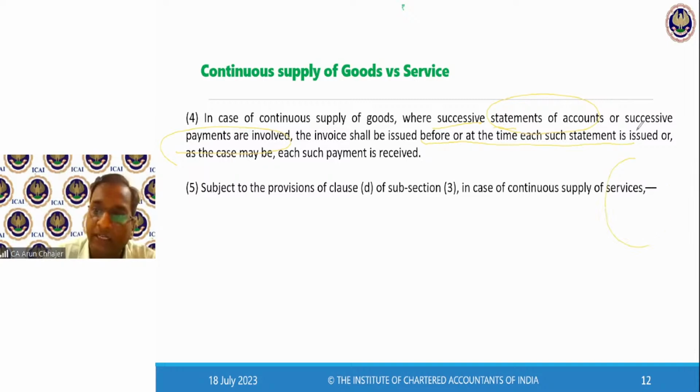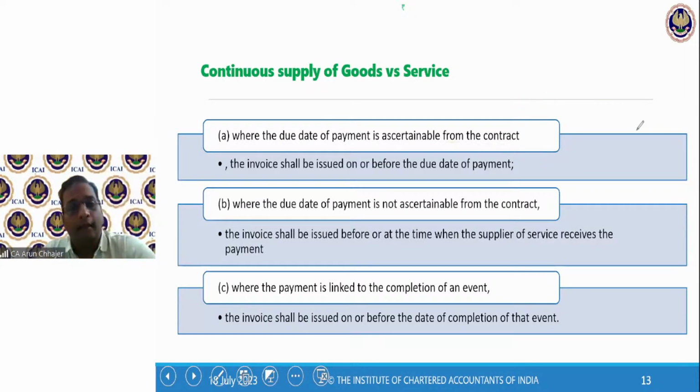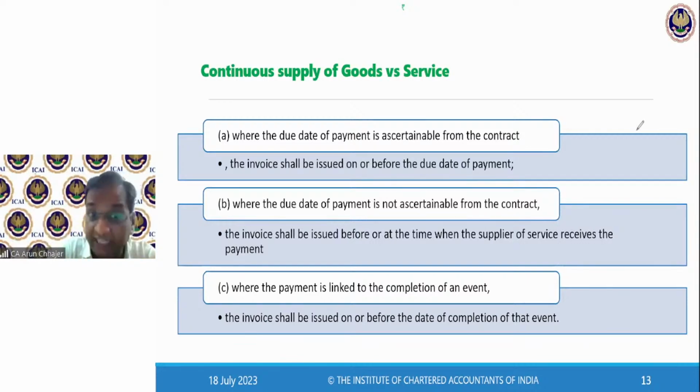Now we are talking about continuous supply of service. In case of the continuous supply of services there are three clauses. When the due date of the payment is ascertainable from the contract, then invoice shall be issued on or before the due date.